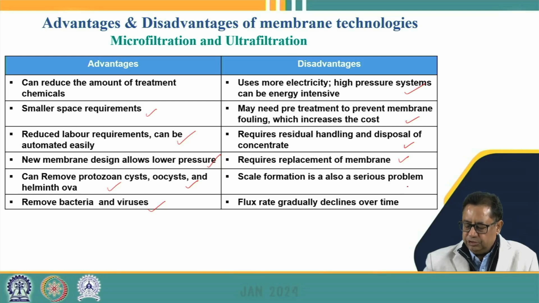Scale formation on the membrane is also a very serious problem which can reduce the flux, and the flux declines gradually over time as the scale formation or other foulants present in the water or the wastewater build up. The flux rate gradually declines and we have to go for cleaning. It can be physical cleaning, simply by water, or chemical cleaning, until the flux declines to such a level that we have to replace the membrane. This is one of the disadvantages of such a technique.